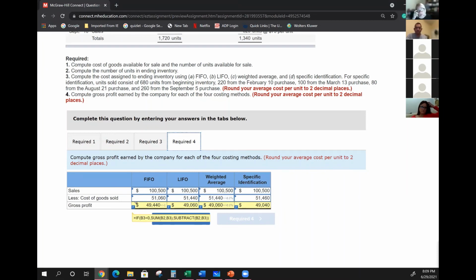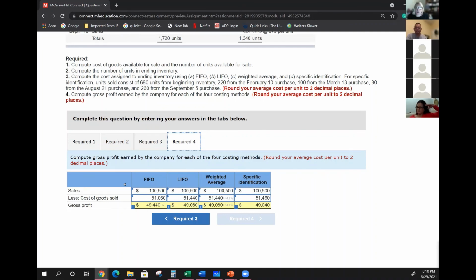So that's what I was saying. You can kind of back into it, or you can figure out your cost the long way if you wanted to, depending on how you want to do it. But this problem walks you through calculating how many units are available through the month, and how much is the cost of it all.